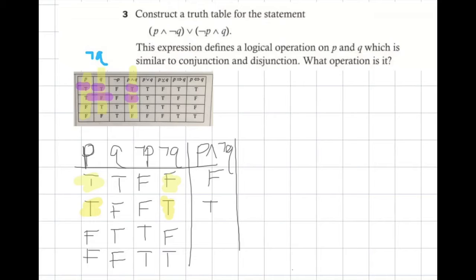My next one is false, false, which corresponds with here false, false. So that's false. And the last one is false, true, which corresponds with false, true here. So that's false.